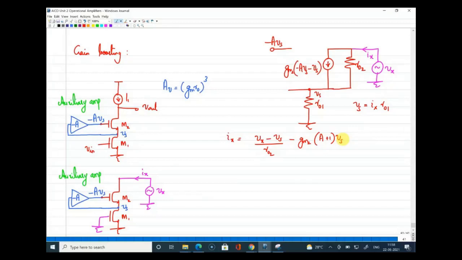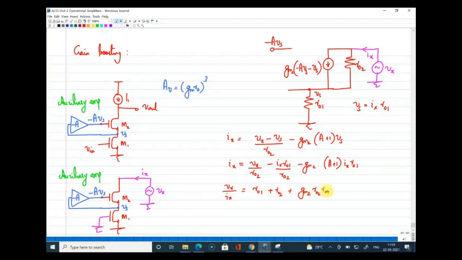Now the only thing is you have to simplify this. You know the value of Vs is Ix into R01, just substitute and simplify. So I'll ask you to do that. So this is Vx by R02 minus Ix R01 by R02 minus gm2 into A plus 1 into Ix into R01, and now you have an equation where all the terms have either Vx or Ix, so you can just take Vx by Ix, and if I do that I will get R01 plus R02 plus gm2 R02 R01 into A plus 1, after taking the LCM.